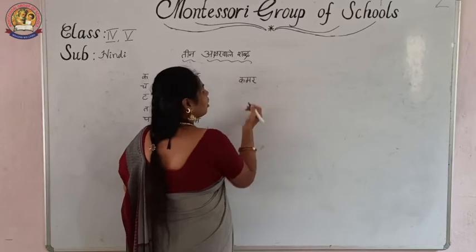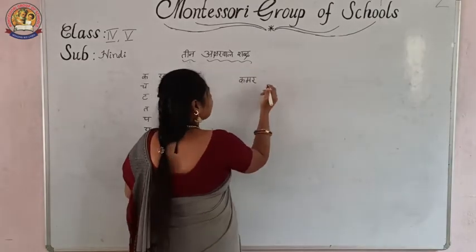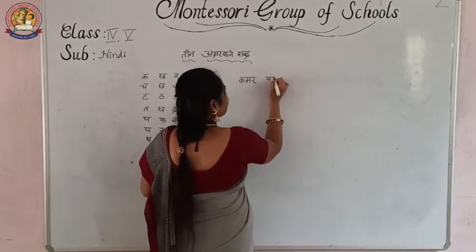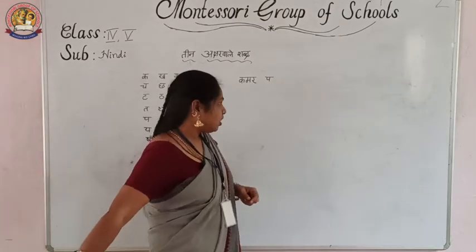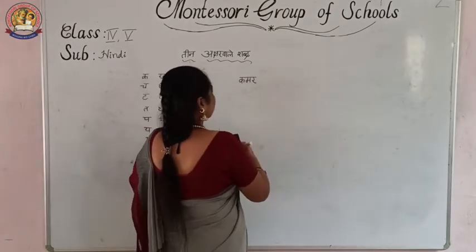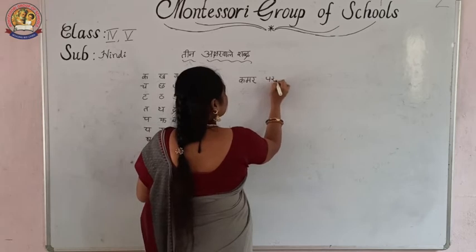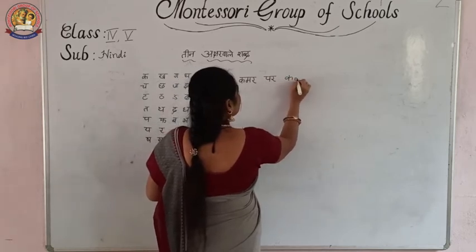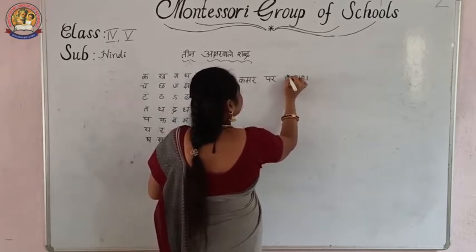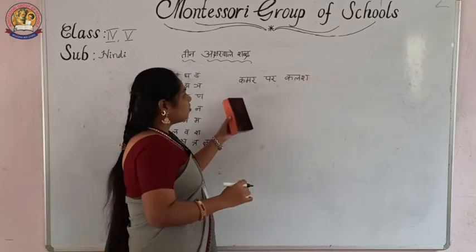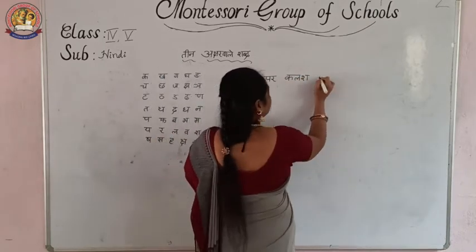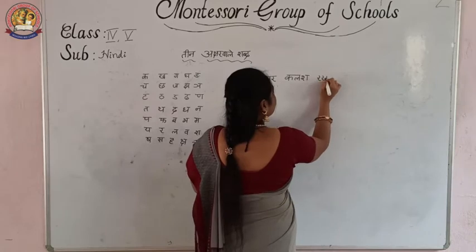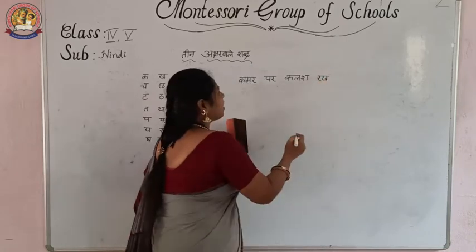Now children, the next sentence was, what I am writing, you have to identify by reading the letters. See in this sentence we can see 2-letter words are there and 3-letter words also.